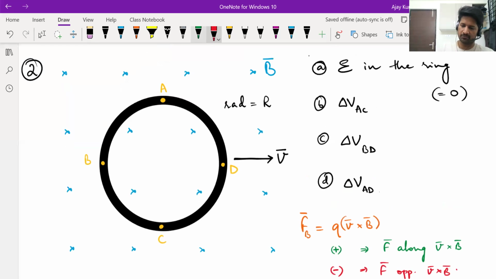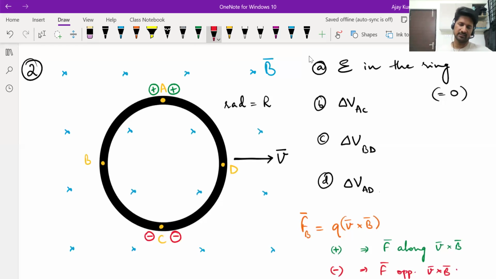If V cross B is upward, you will see positive charges getting deposited at A, because positive charges experience force in the direction of V cross B. And you will see negative charges going in the opposite direction. Negative charges will appear at C. So there is a charge separation. So when a conductor moves inside a magnetic field, the magnetic field creates a charge separation inside that conductor.